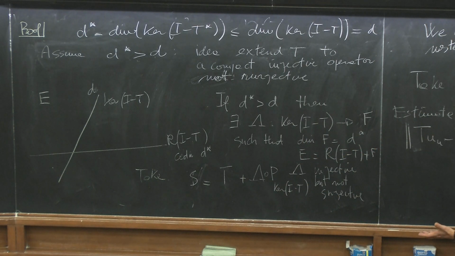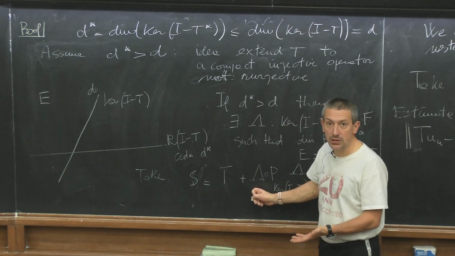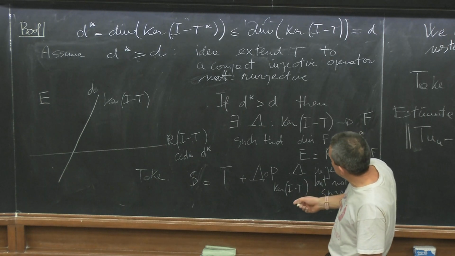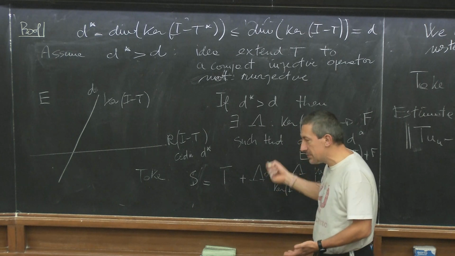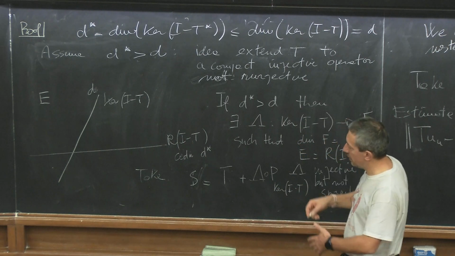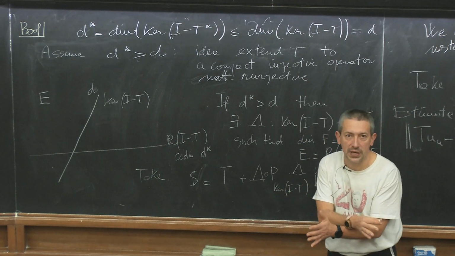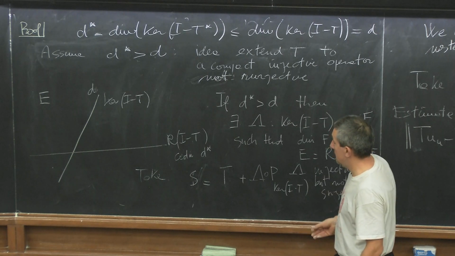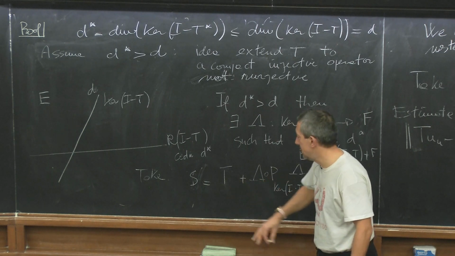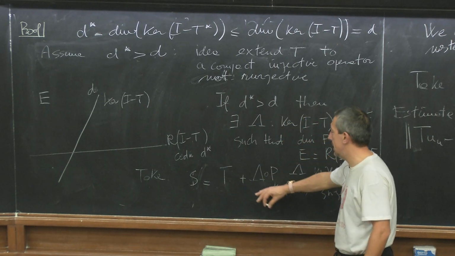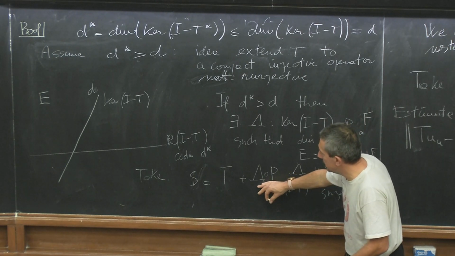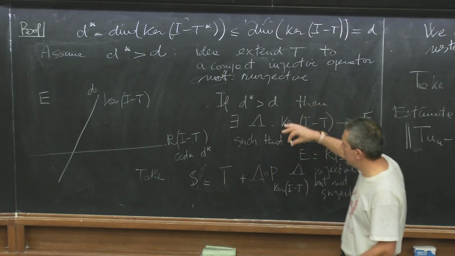And now I observe that the kernel of S is equal to 0, because, well, if this maps to 0, since this guy in some sense acts on vectors which are not in the range. So imagine a Hilbert space, I can take really the orthogonal spaces. And so if S is 0, then this guy is 0, or identity minus T is 0, and then this guy should map to 0, which is a contradiction because this is injective, and this says that the point is in the kernel.